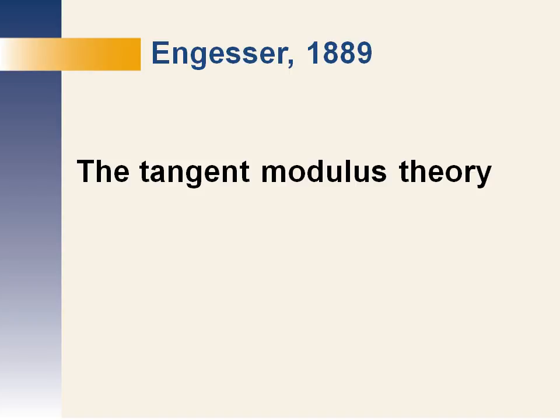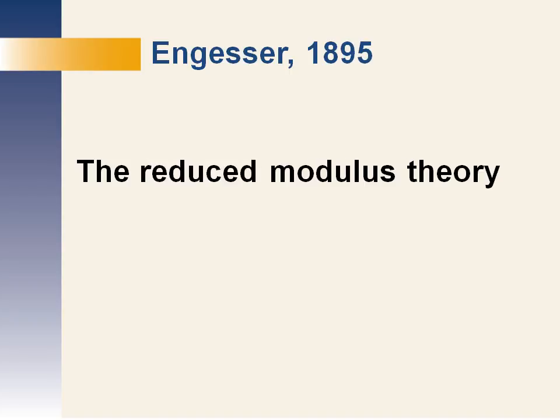Engesser proposed the tangent modulus theory in 1889. This was a modification that produced an upper bound on the Euler buckling theory. It started to reflect what we now know are residual stresses. He revised that theory in 1895 with a reduced modulus theory.